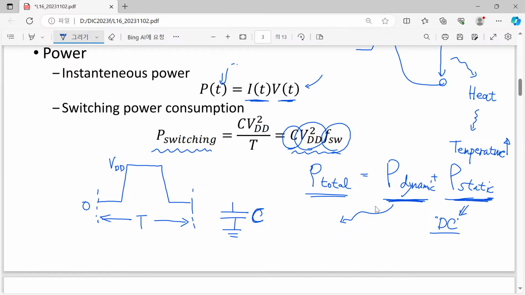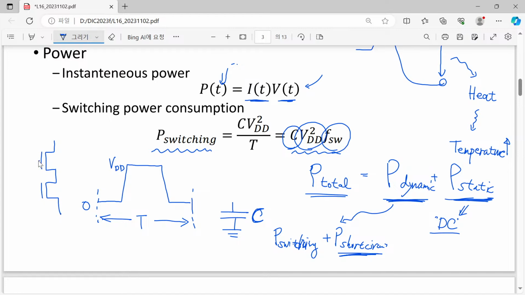In this case, dynamic power can be divided into two terms like switching, and another one is short circuit current.